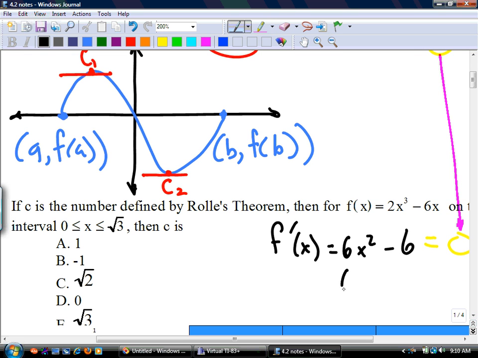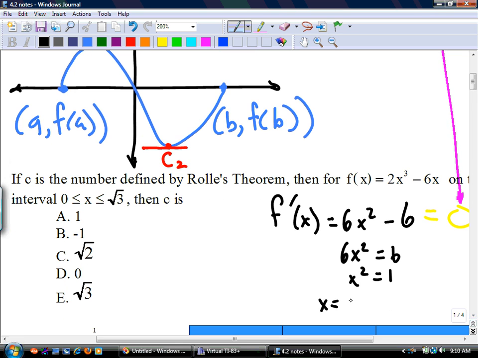So you get 6x squared equals 6, x squared equals 1, x equals plus 1, x equals minus 1. And then you throw one of those answers out. The negative, how come? Not in the domain, not in the interval. So the answer is A.